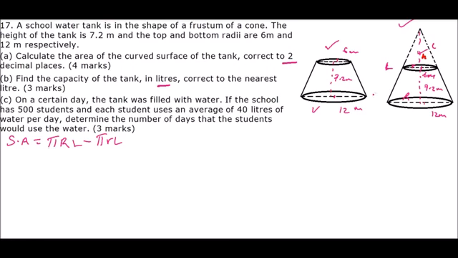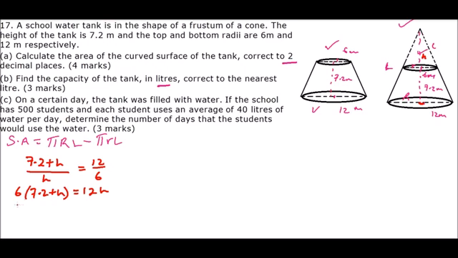So 7.2 plus h divided by h is equal to 12 divided by 6. You cross multiply: 6 multiplied by 7.2 plus h is equal to 12h.